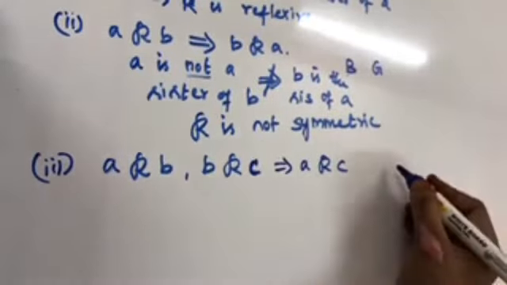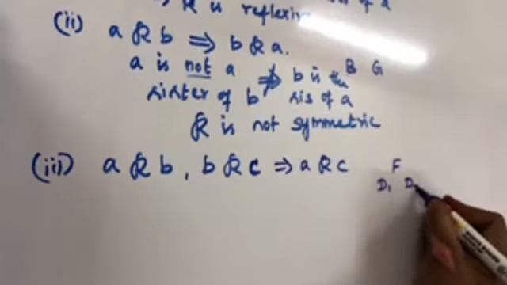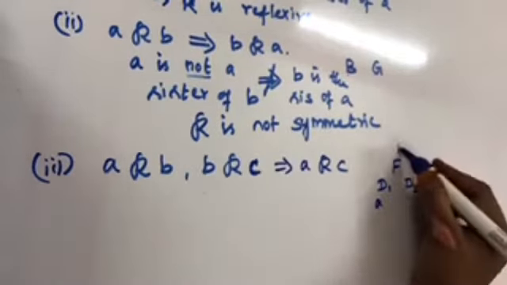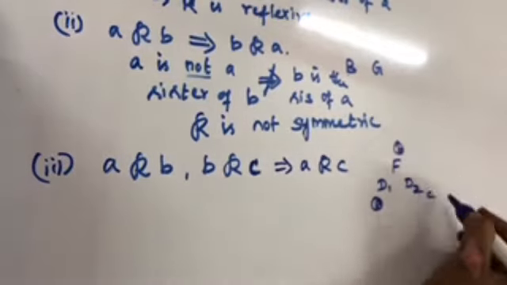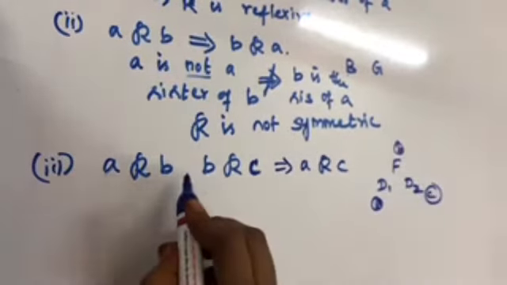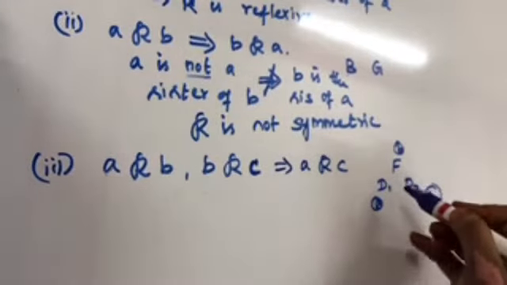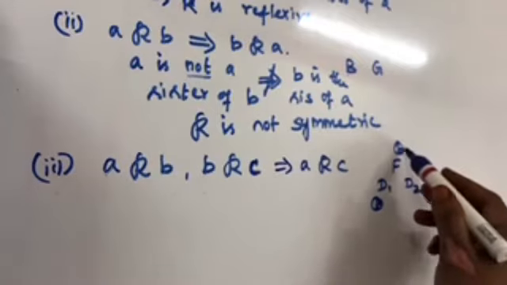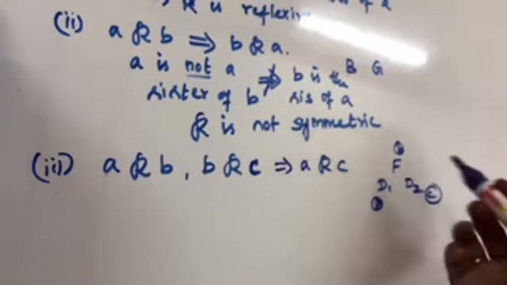for example, I take a father and his two daughters, D1 and D2. I take the father as A, and the daughters as B and C. So, A is related to B. That means A is not the sister of B. Yes, the father is not the sister of D1.